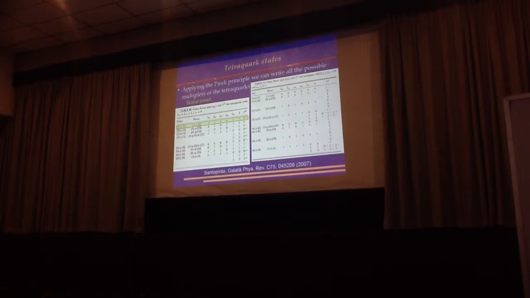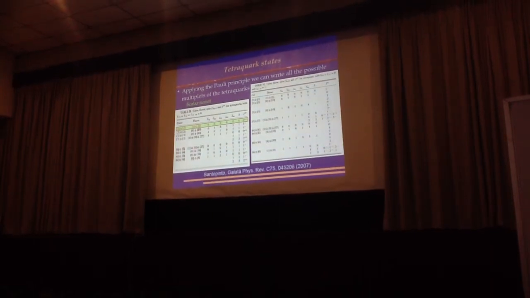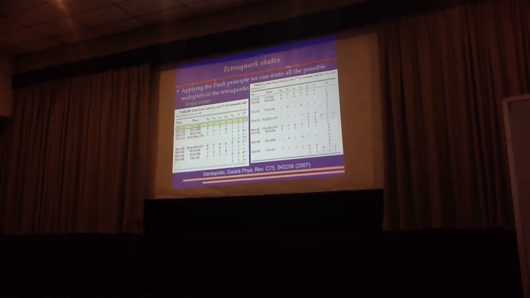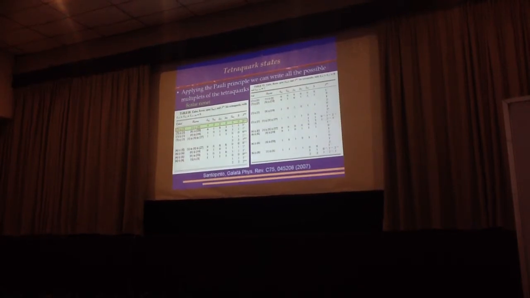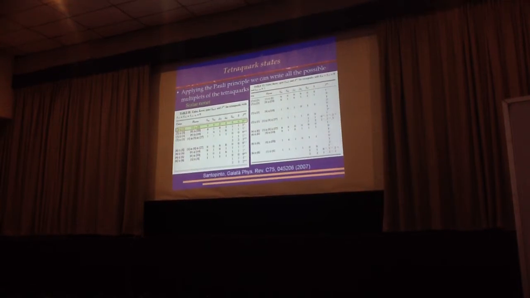Here I have put two tables with all the possible states. One table has all the angular momenta equal to 0, and the other has only the relative angular momentum between the two quarks and the two antiquarks equal to 1. These are the tables that are more useful for the diquark-antidiquark limit.